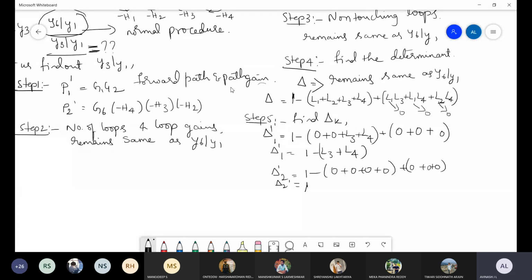Let us form Y3 by Y1 by using Mason's gain formula.